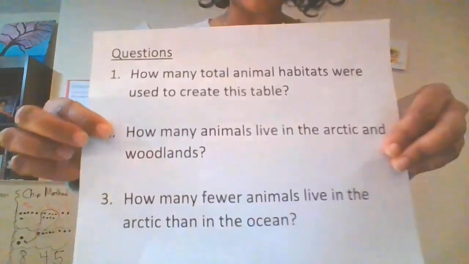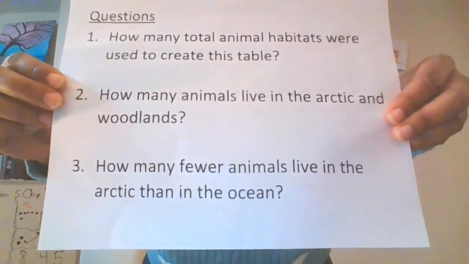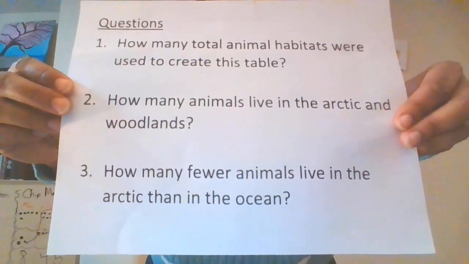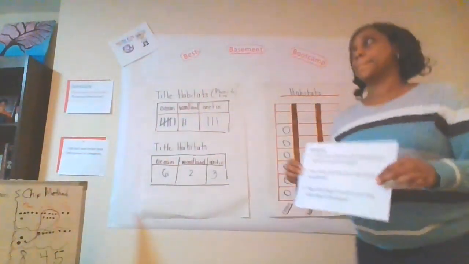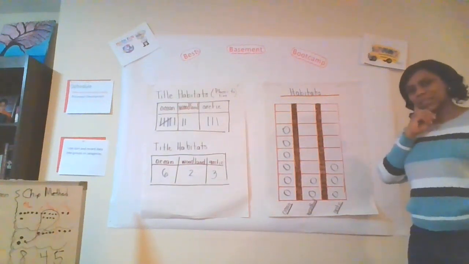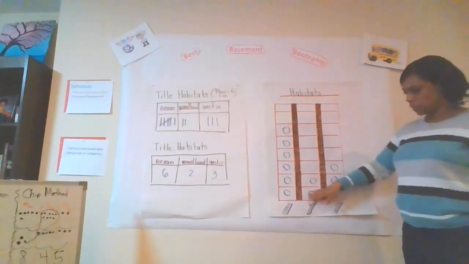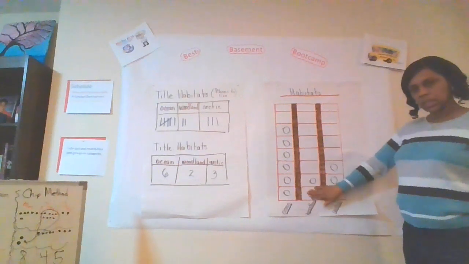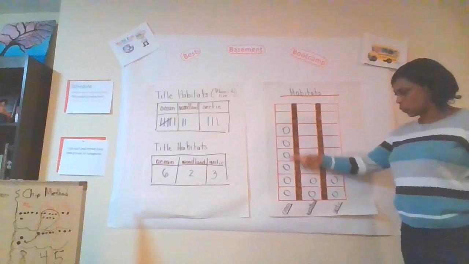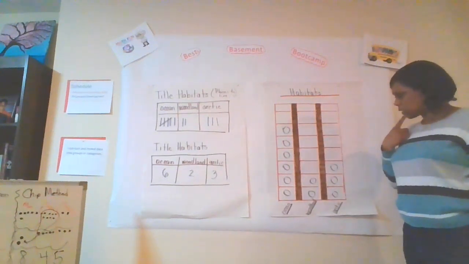Let's look at the next question. How many fewer animals live in the Arctic than in the ocean? Fewer. Wait a minute. Fewer means that something is smaller. We have an ocean. I'm not talking about the woodlands, so I don't need this. And then I have the Arctic. Fewer. So this one I know is bigger because it has more than this one. So what's missing?